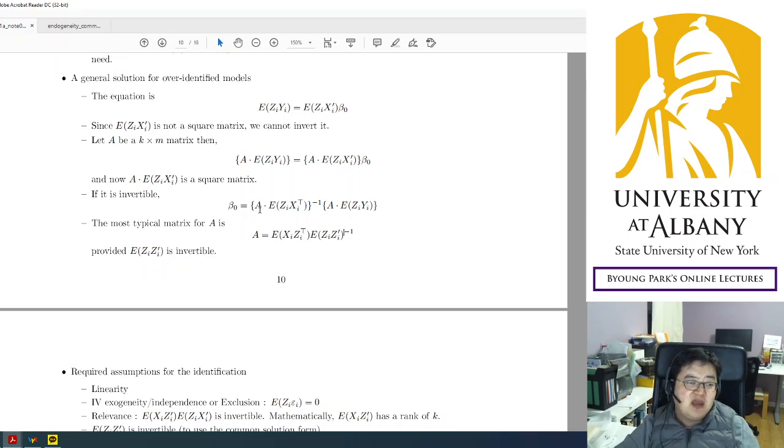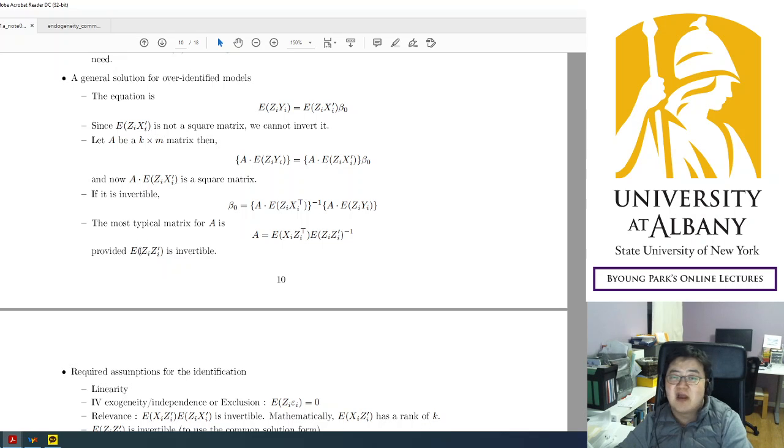I will explain later why we are using this matrix as A. What you need here is to assume that the expected value of z prime x is invertible. If this exists, then this inverse exists automatically, as soon as this matrix is invertible. Mathematically, that is proven, so it's nice and easy to understand.